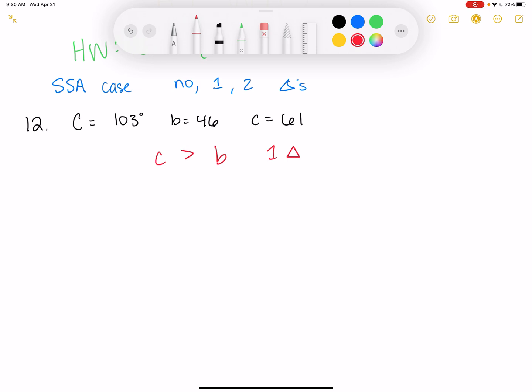Okay, so I've got one triangle, so I'm going to use the law of sines again. I'm going to go ahead and make my chart over here. Hey, put it on the line.